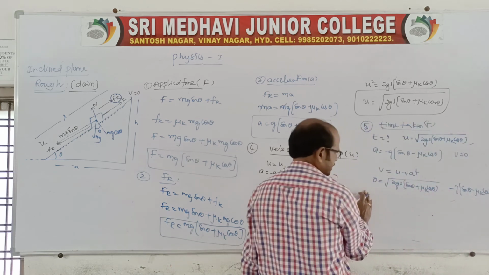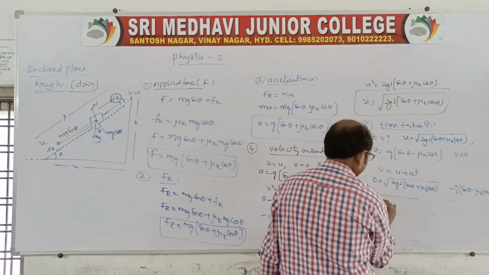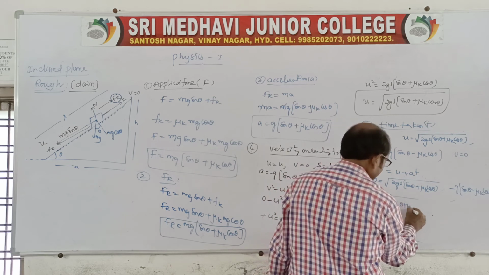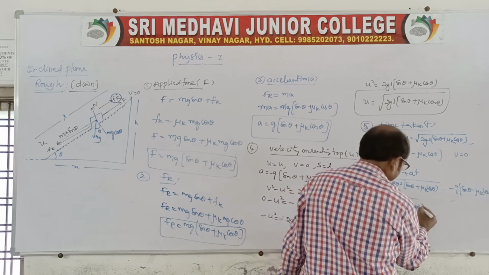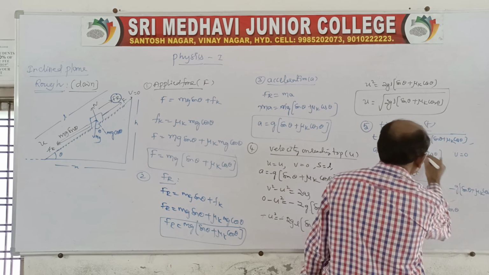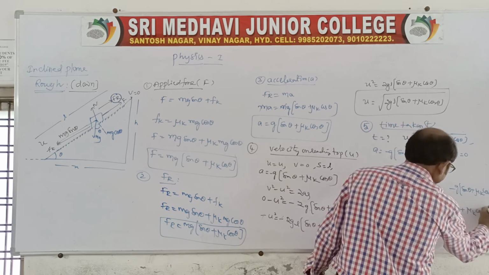So you take this side, the minus minus will be cancelled. Therefore root over 2gL of sin theta plus mu k cos theta is equal to g within the bracket sin theta plus mu k cos theta into t.